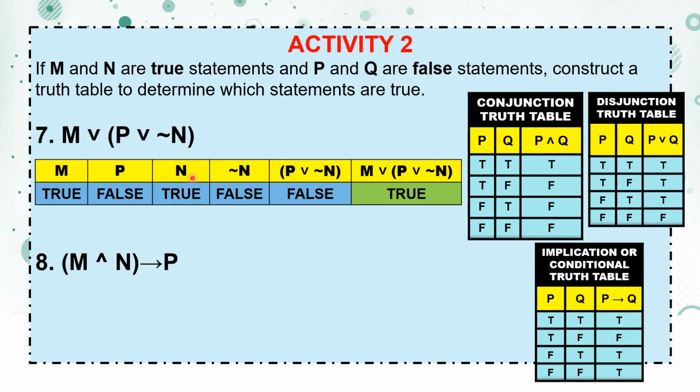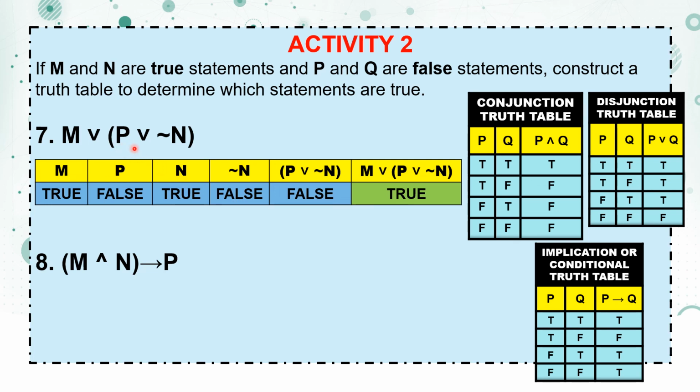Then N, M and N are true, so true. Now, let's get first the not N, the negation of N. The negation of N, the opposite of true, is false. So, not N is false.